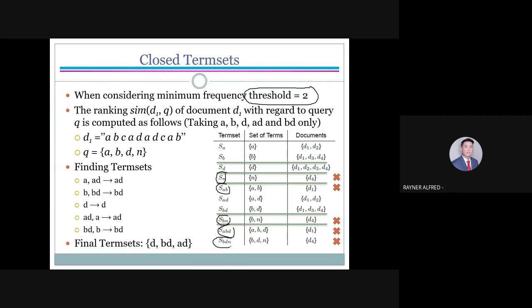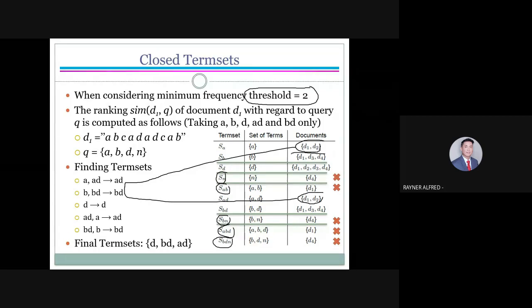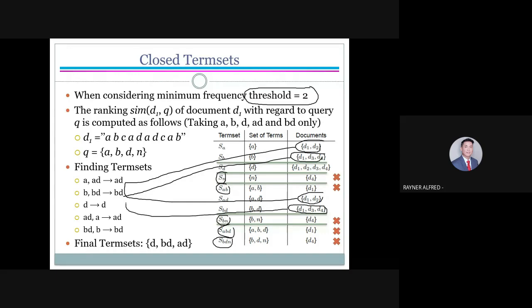We only have this with this, and then this 3 and 3. We get this one. And then AD is here already, BD is here.